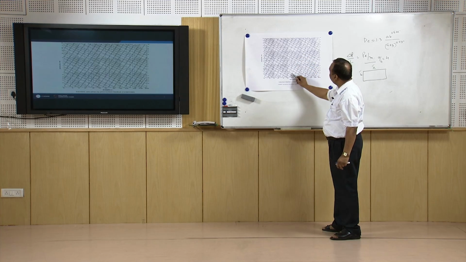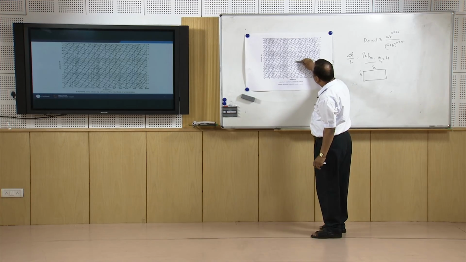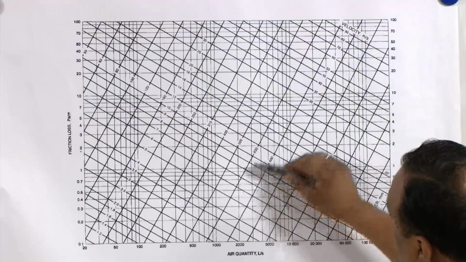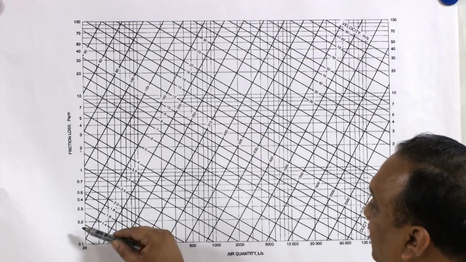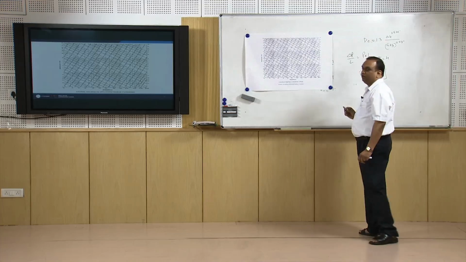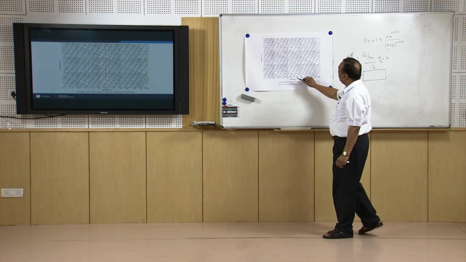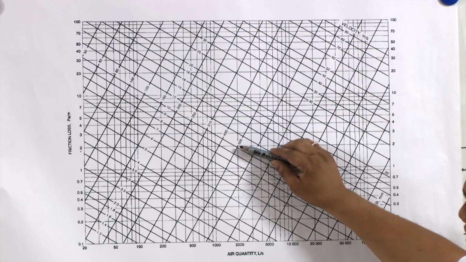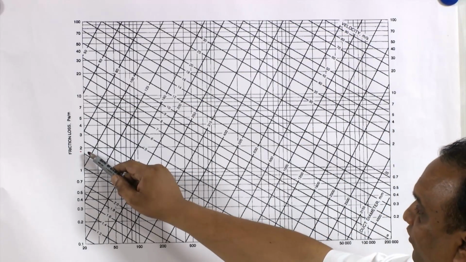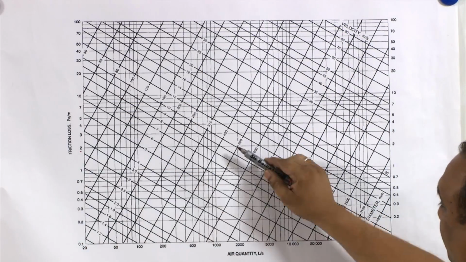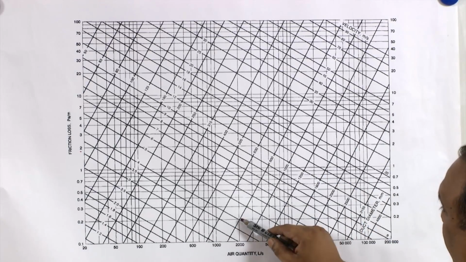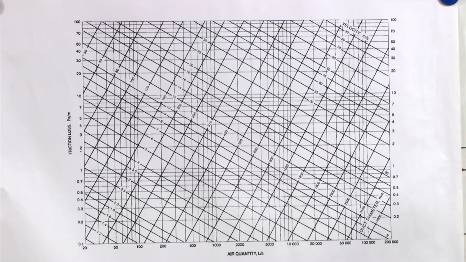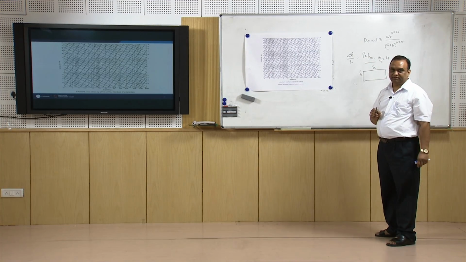If I further increase the size to 800, the pressure drop per unit length will be reduced to 0.2. So, starting from a 500 millimeter duct, for a friction drop of 2 Pascals per meter, if I take an 800 mm duct, the friction drop will be reduced to only 0.2 Pascals per meter.